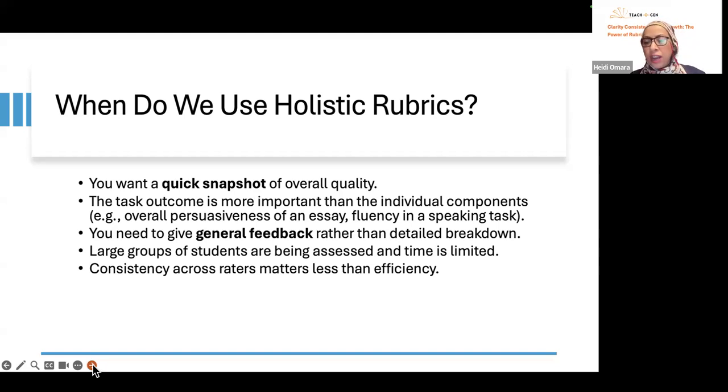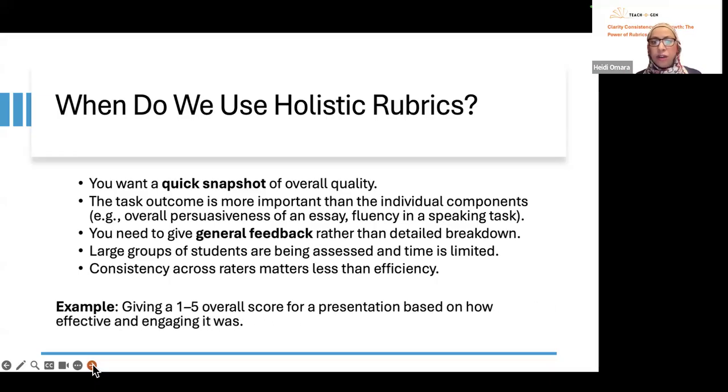If nobody is going to look at the consistency of what is going on in the assessment, then go for the holistic rubric. I'm not saying it is wrong to not care about consistency, but time sometimes gives you this restriction. So if you have a time limitation, and it doesn't matter at this point that there could be some differences between gradings, go for the holistic rubric.